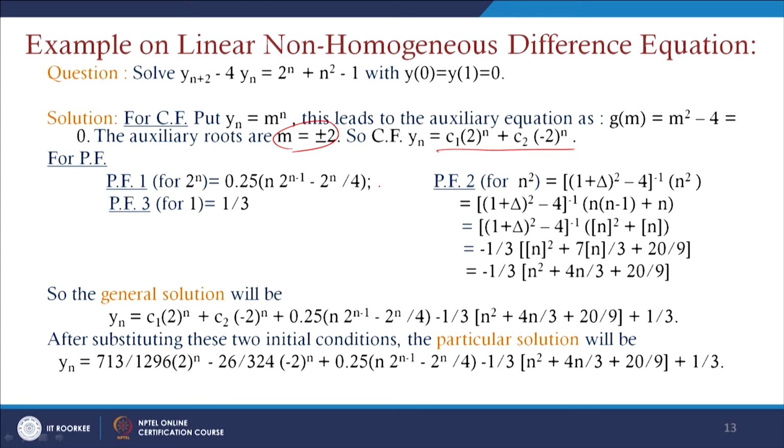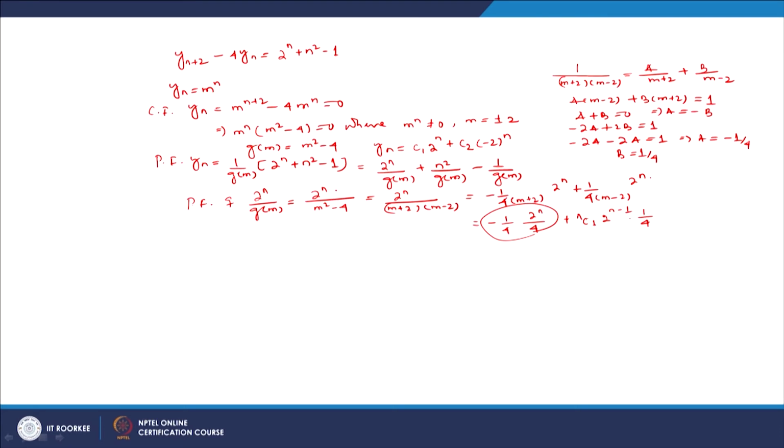Next part: the first part is over. The next particular function is n square by g of m. This is written in the form of n square by g of m, which is n square minus 4.